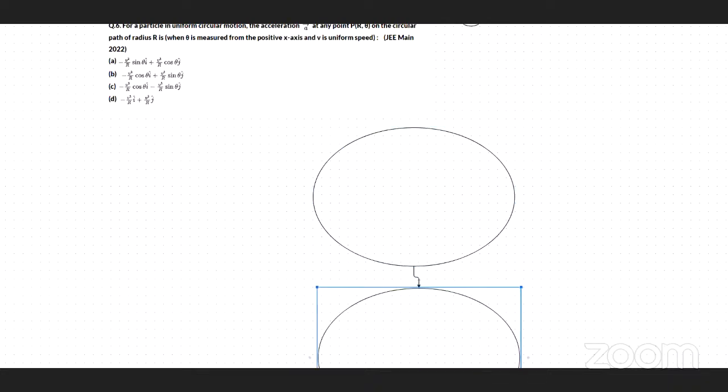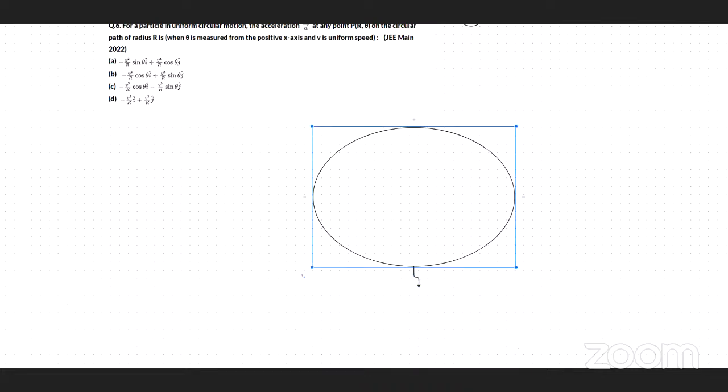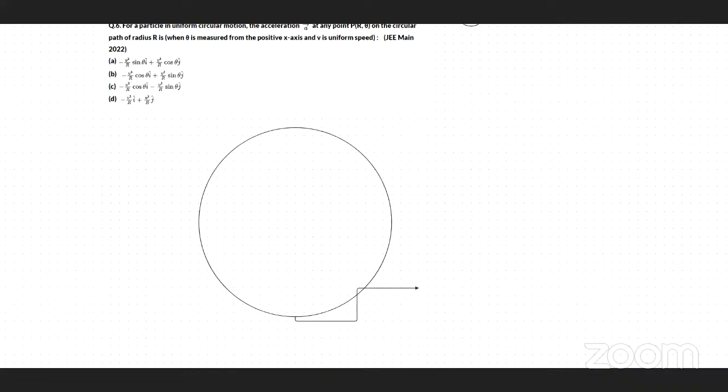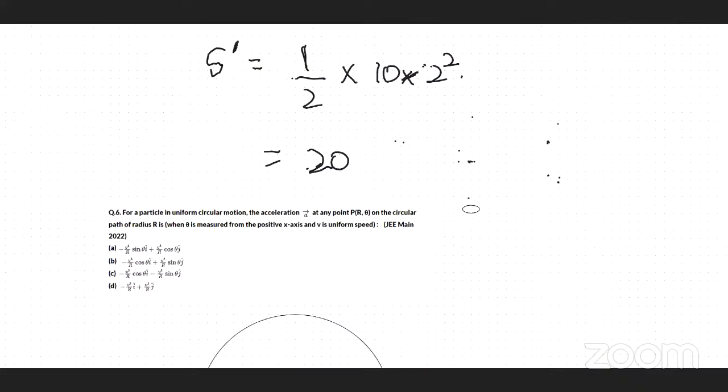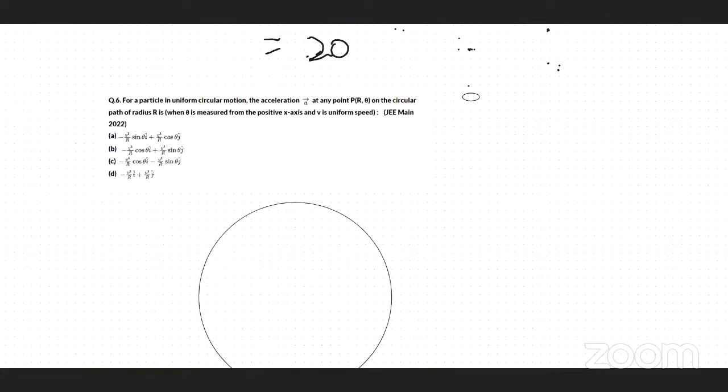And acceleration at any point is known to you. You have to find the. It's a uniform circular motion. So V is changing in direction but not in magnitude. ठीक है. So you have to break down the velocity in.